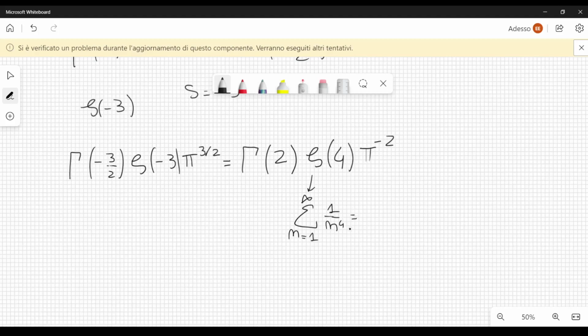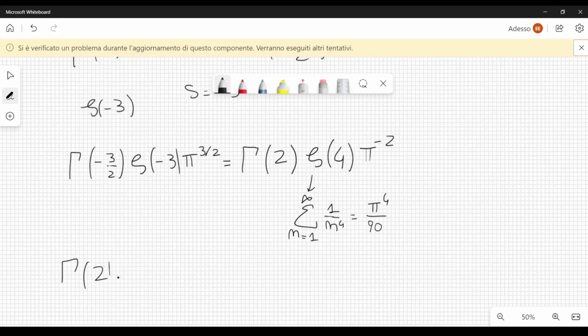It also arises, for example, in quantum mechanics, and you can use a Fourier series to evaluate it. I have already evaluated it in some other videos, but I don't want to do it now. The result is pi to the power 4 divided by 90.